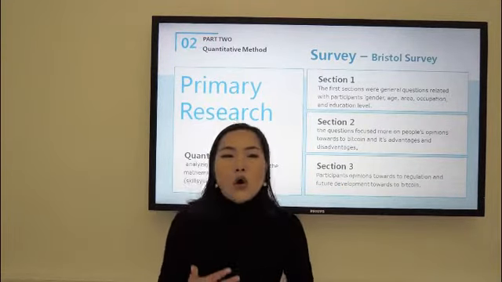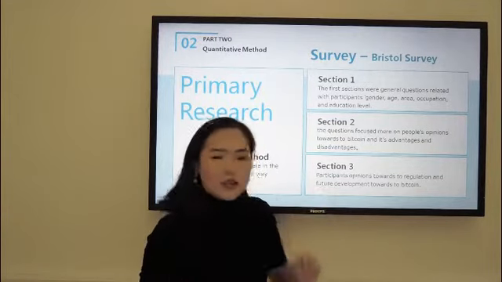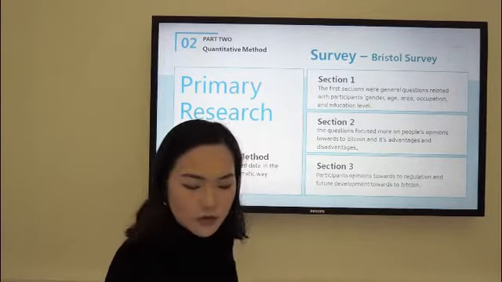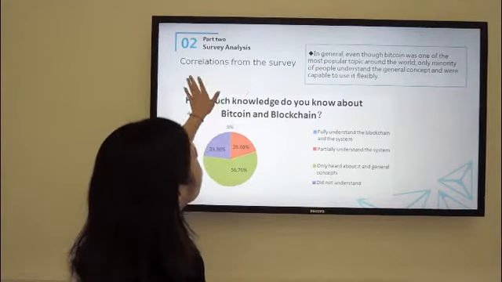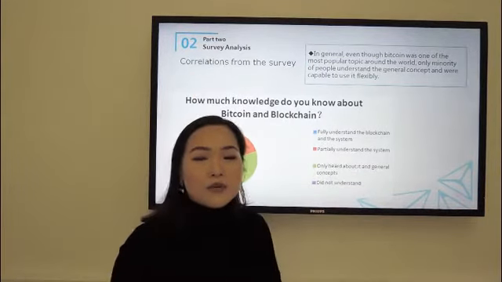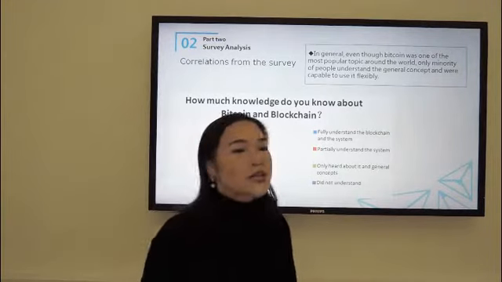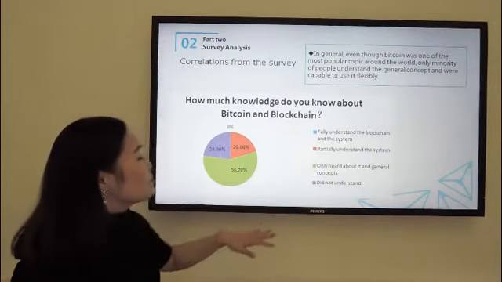We want to know what people think about Bitcoin, why we need to regulate it in the future, and what their opinion is about future development. Those are the survey sections, and that's the correlation I found from the survey. I have 3 or 4 points that I want to mention in this PowerPoint. The first one is how much knowledge you have about Bitcoin and blockchain.